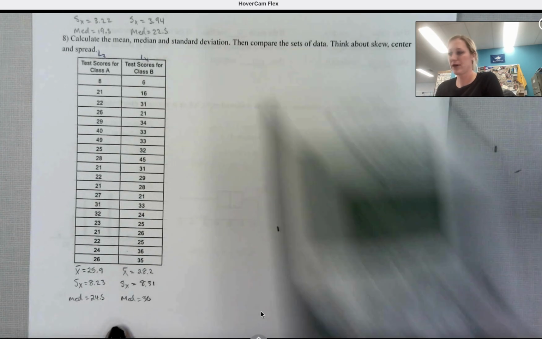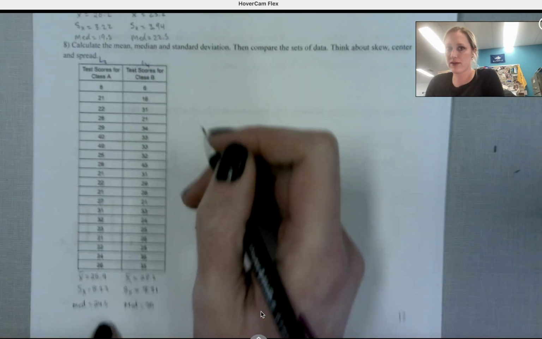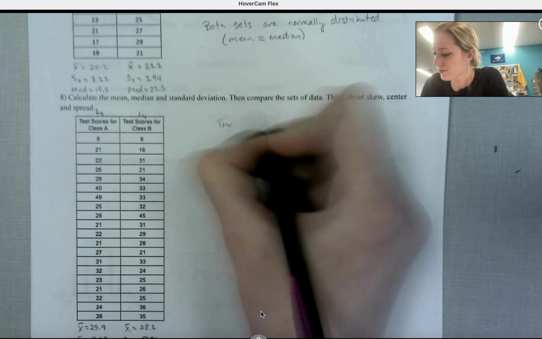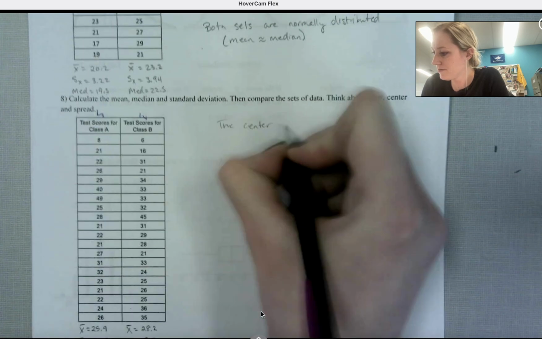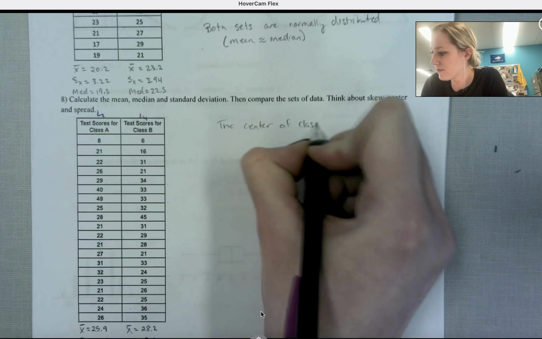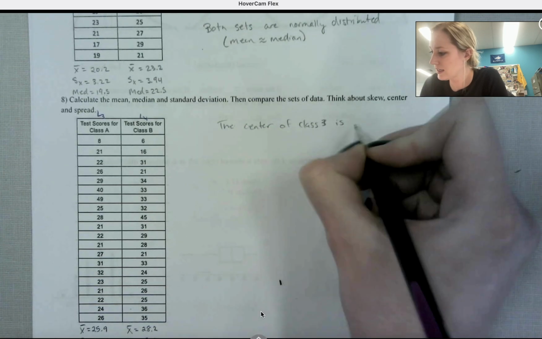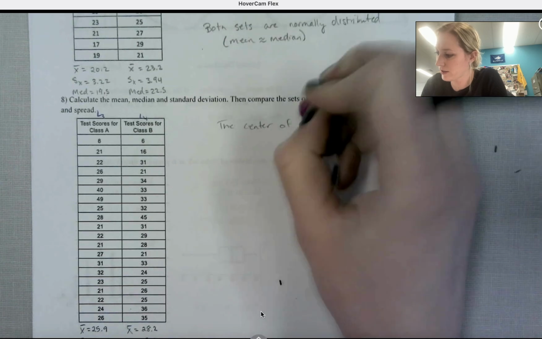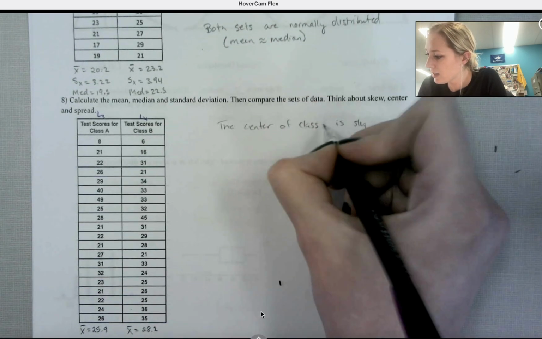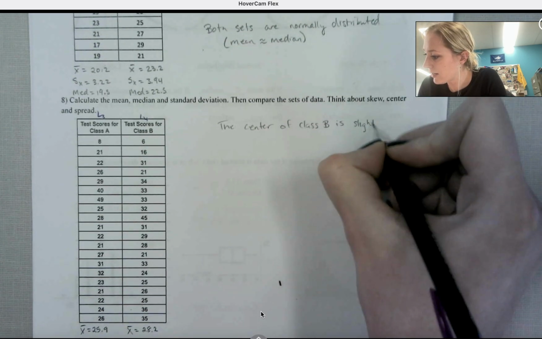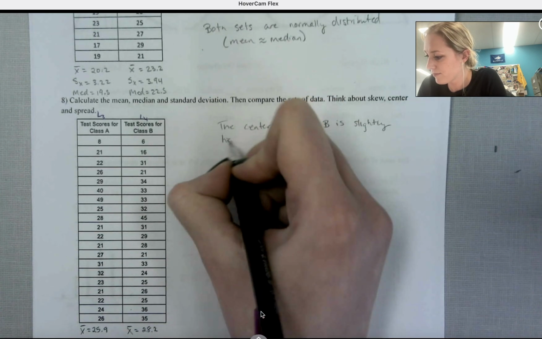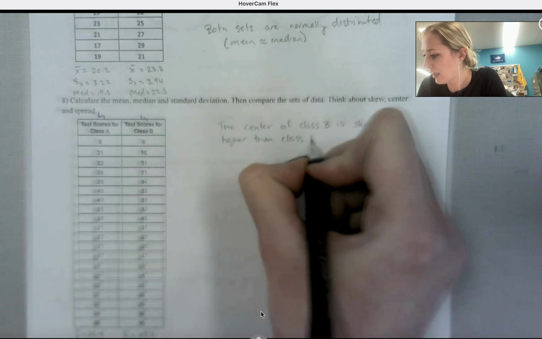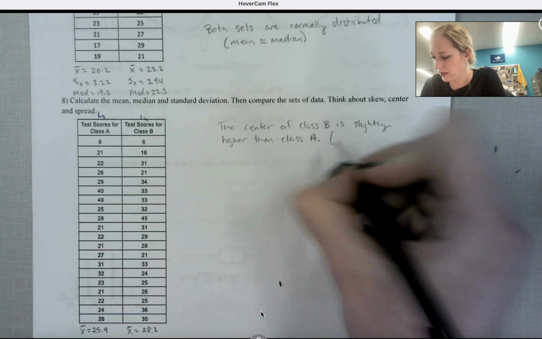Okay, so let's compare these again. So we're going to look at those same things. Okay, so the center of class B is slightly higher than class A. Okay, so we're getting B, right?